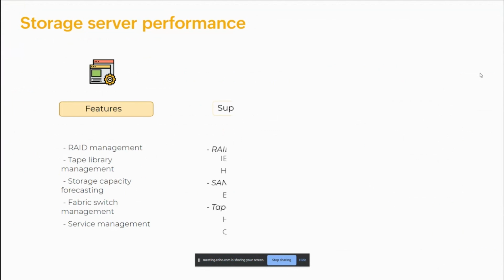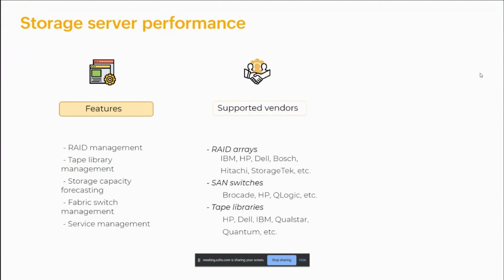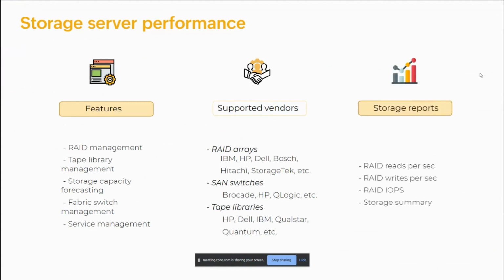OpManager supports various vendors and their respective devices. For example, for RAID arrays, we have IBM support, we have support for Dell, Bosch, and you can see the supported vendors on your screen right now. We are regularly improving our vendor support, and we also have dedicated reports for storage monitoring, so you can view various monitored parameters and have a complete analysis with the storage reports.